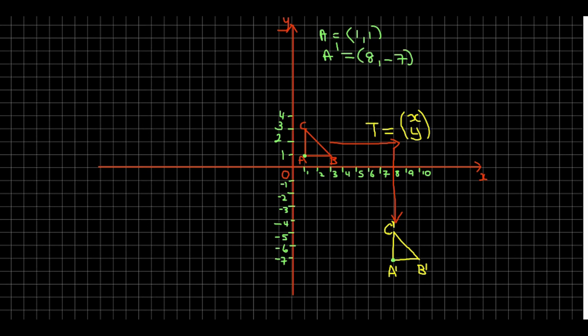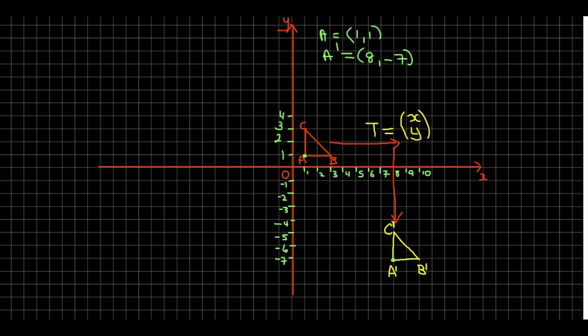So if I want to get the translation information, what am I going to do? Alright, so there are a couple of ways you could do this. One is the very simple way that you probably would have been accustomed to way back. You're going to count the number of spaces you move to the right in this case, because our triangle is being translated to the right along the x-axis, and then count the number of spaces you translate downwards.